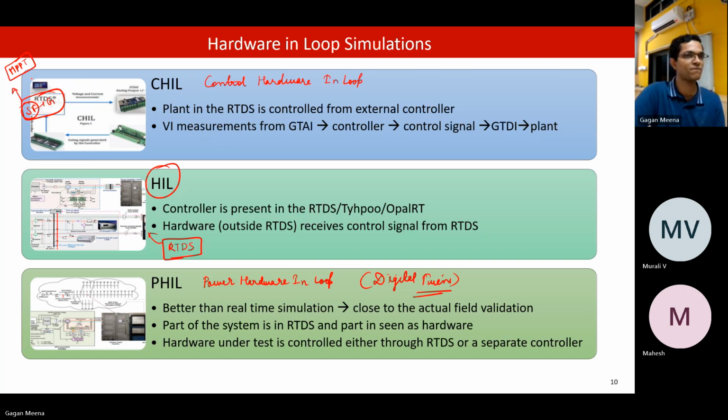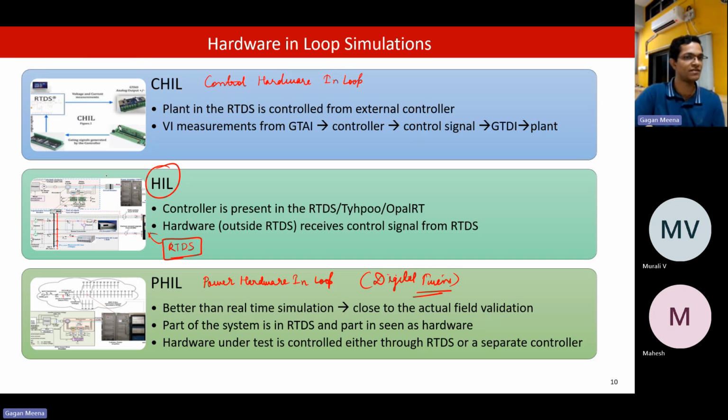So I can design that control logic here and give the output as control signal to the solar converter which is interfacing the solar farm to the grid. That can be controlled using this.